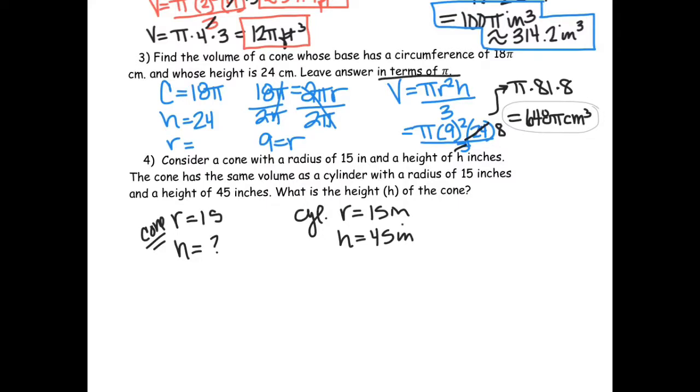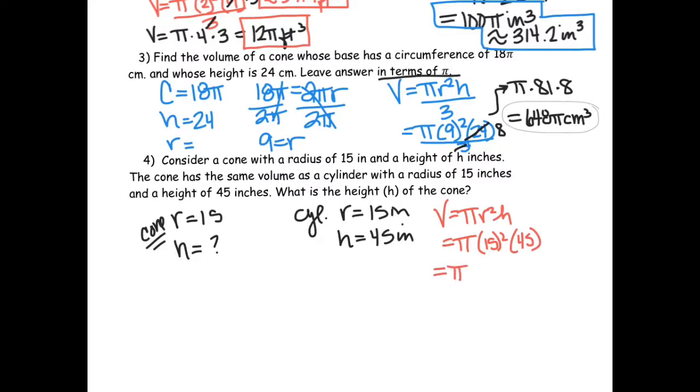So when I find the volume for my cylinder, remember the volume of a cylinder is just pi r squared h, equals pi times my radius, 15 squared, times my height, 45.